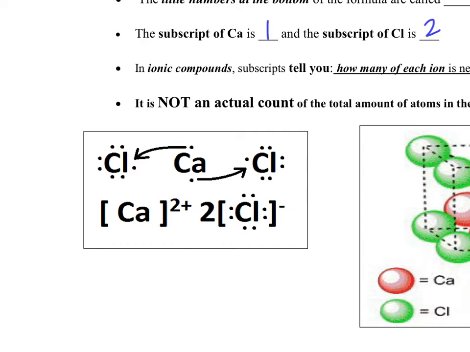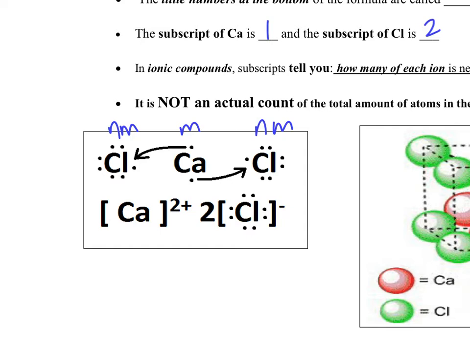Calcium is a metal, chlorine is a nonmetal. And what you see is that calcium's transferring 1 electron to chlorine here and a 2nd electron to chlorine here. So in order to make calcium happy, it needs to transfer 2 electrons, which means it needs 2 chlorine atoms.